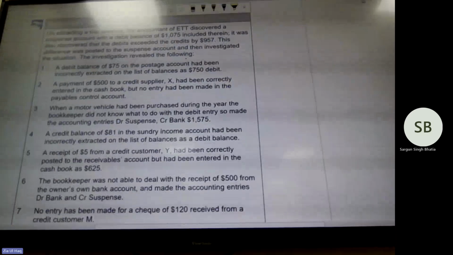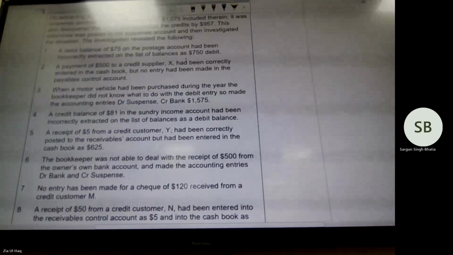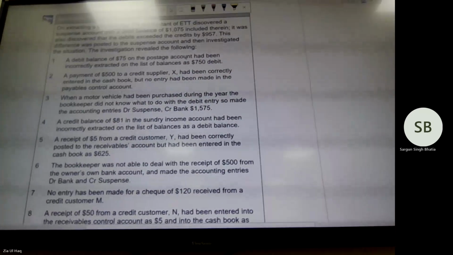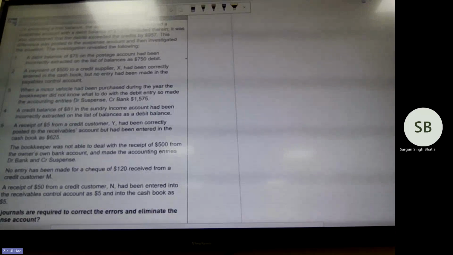Now moving towards this illustration. It says what journals are required to correct the error and eliminate the suspense account. We need to correct the error and then we need to prepare the suspense account.